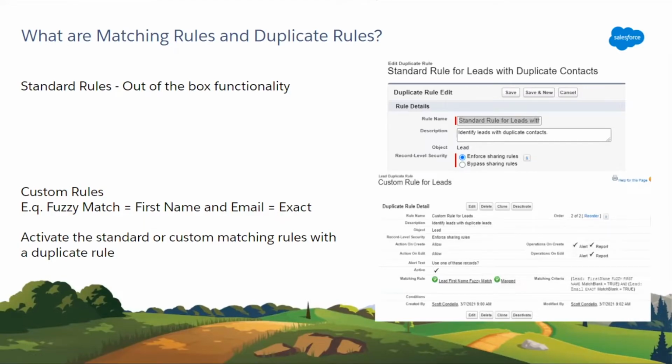In a sandbox or with your org, you can have all the matching rules you want, but if there are no active duplicate rules to manage them, it won't find anything. I found that I haven't played with duplicates and matching rules in quite some time.